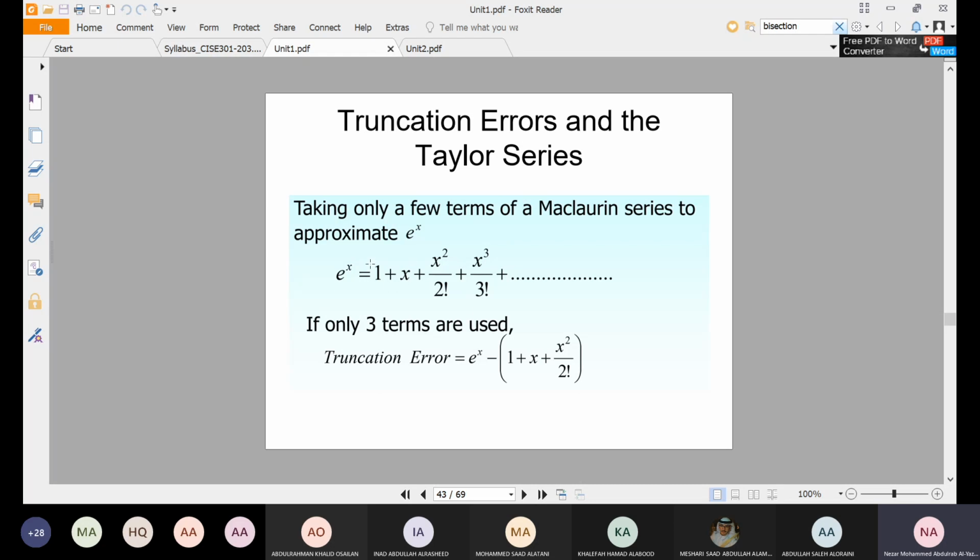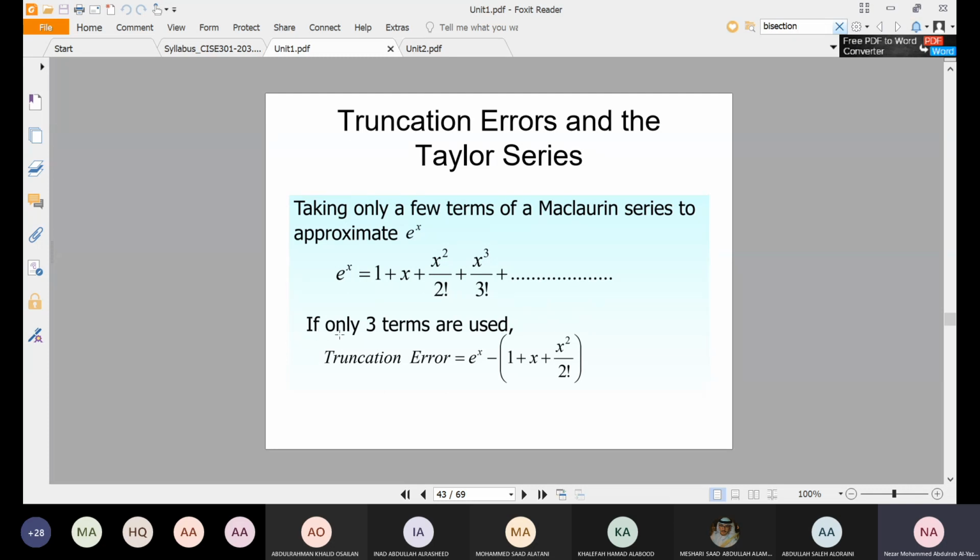For example, if we have the exponential function e^x = 1 + x + x^2/2! + x^3/3! + and so on to infinity terms. If I take only these terms, the rest that I omit, we call the truncation error.